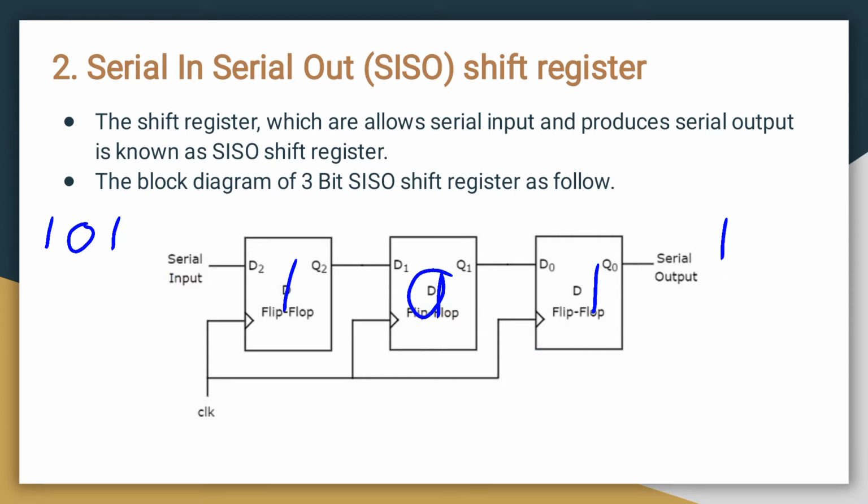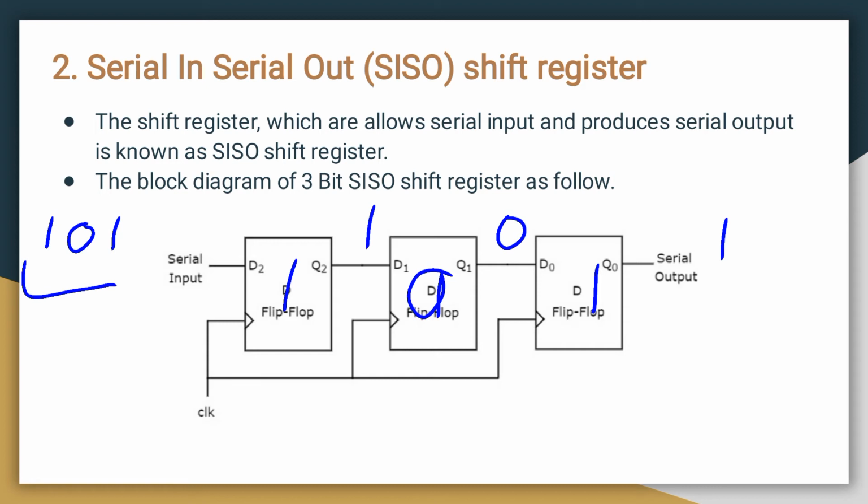For the next clock, there is no input here because there is no fourth bit. So the clock is applied. Before the clock is applied, the output of the second flip-flop is 0 and the first flip-flop is 1.